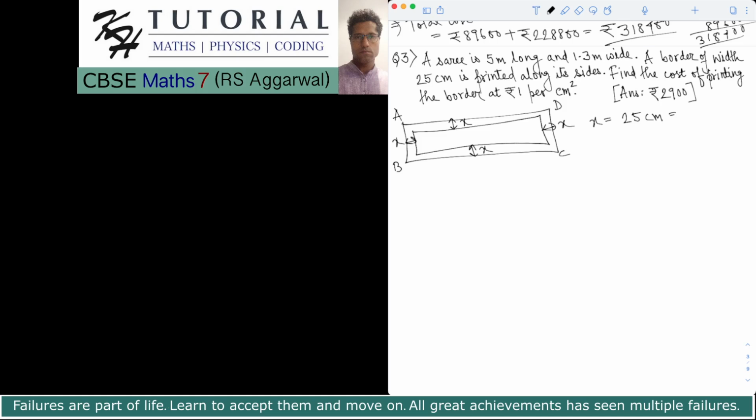So x, the width of the border, is 25 centimeter. The length of the sari is 5 meter, which is equal to 500 centimeter.